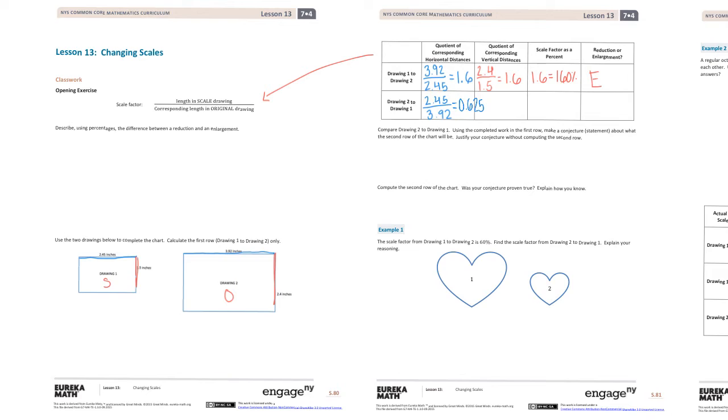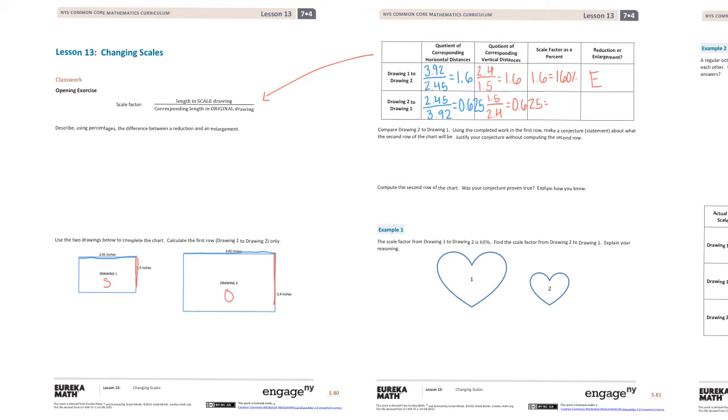Now we need to find the quotient of the corresponding vertical distances. So I'm going to take 1.5 and divide it by 2.4. Go ahead with your calculator again and calculate this quotient. Okay, and again we would have got 0.625. So now that we know they're both the same, we know that there's a scale factor. But now we need to turn this scale factor from a decimal to a percent.